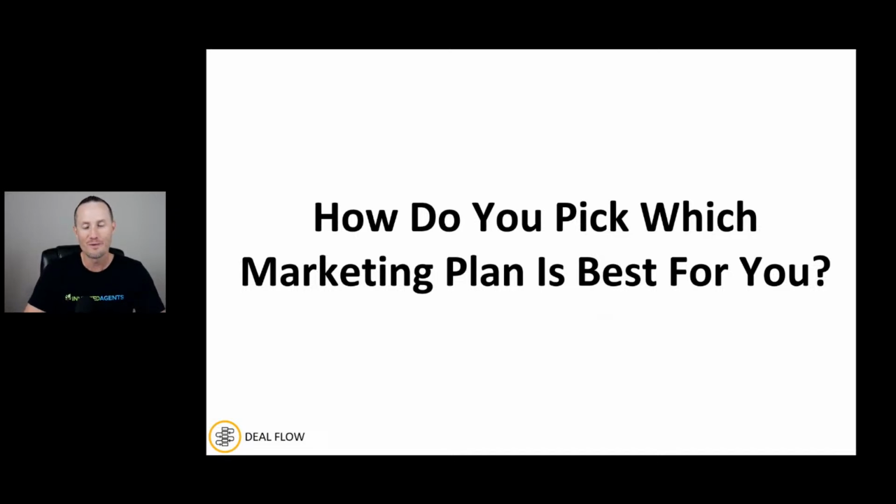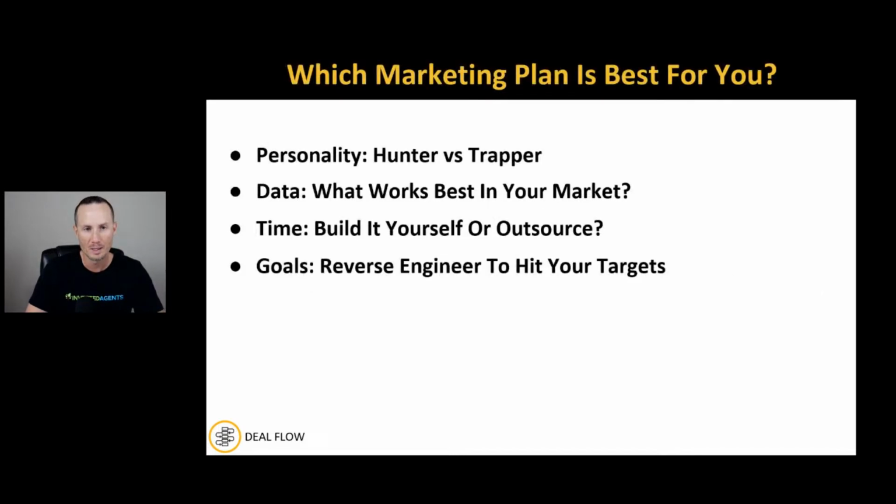So how do you figure out which marketing plan is the best one for you to start with? Well, your personality type plays a role here. At least in sales, we call them hunters and trappers. So you're either a hunter or a trapper. Hunters enjoy hunting down leads.